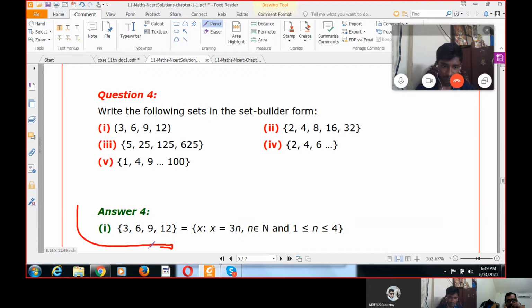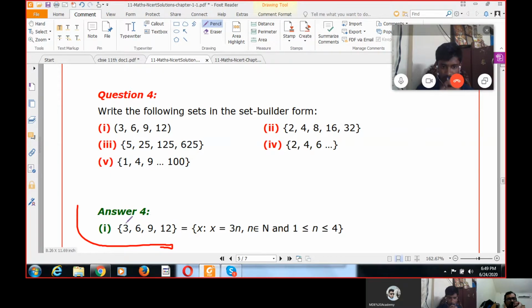Within the set, the elements have some relationship. Simply, you want to find the relationship. That's all. This is given as a very simple relationship, not big. See the case 3, 6, 9, 12.